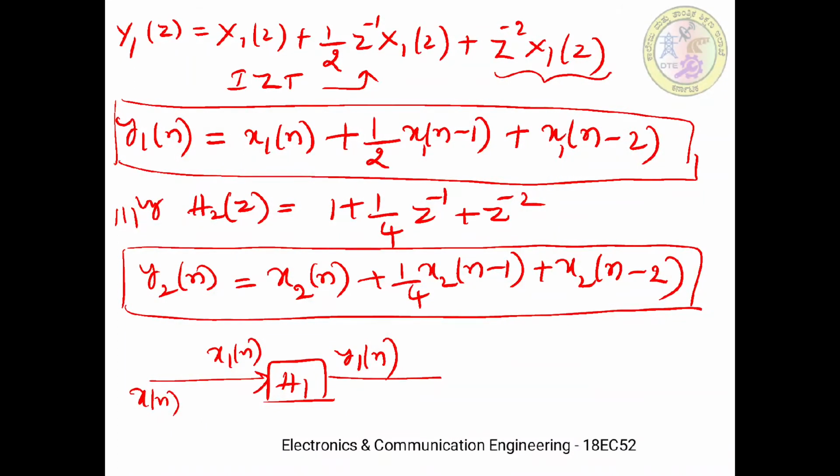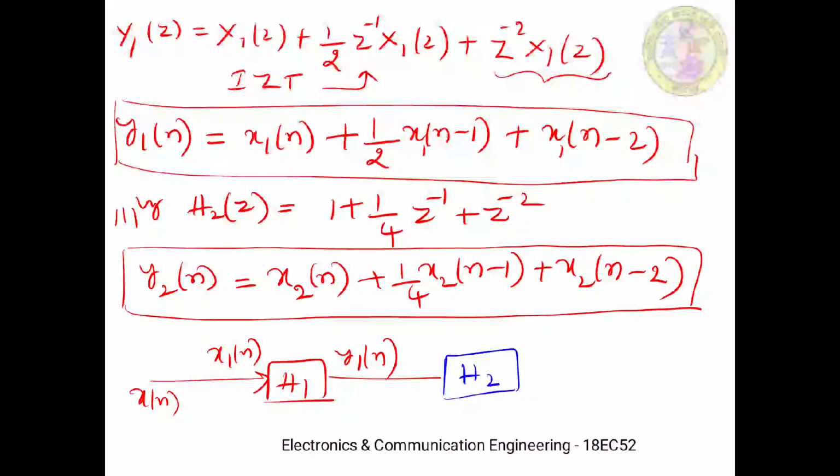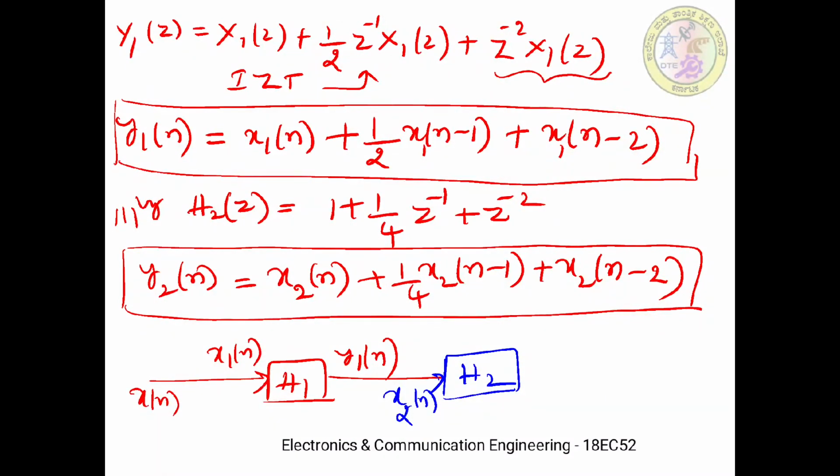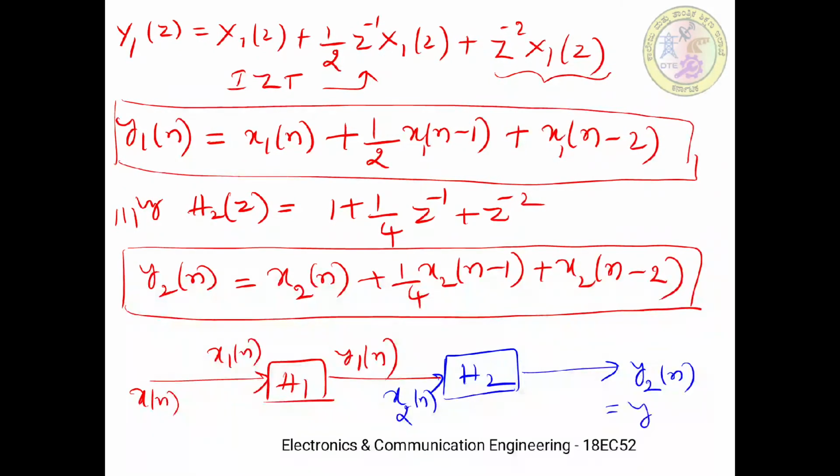Similarly this y1 of n passes through the H2 section, and so we consider x2 of n as the input. Therefore y1 of n serves as the input x2 of n for the second stage, and the second stage output will be y2 of n. As there are only two stages in this particular problem, y2 of n itself will be equal to y of n, that is the final output y of n.